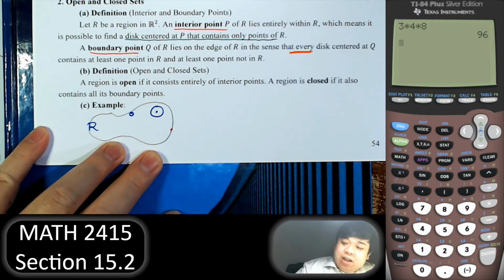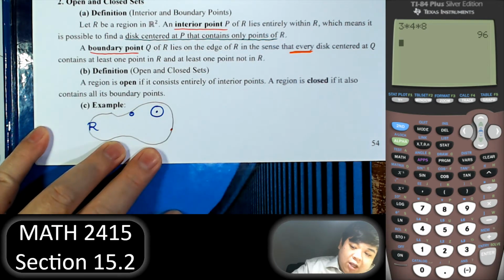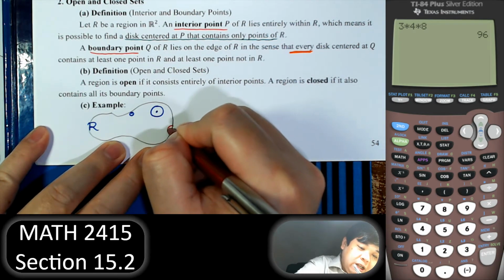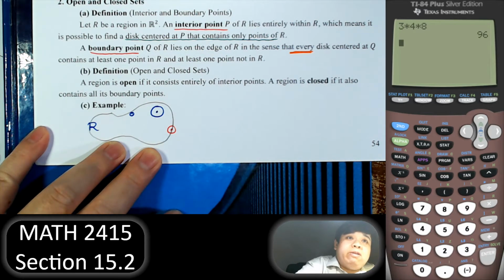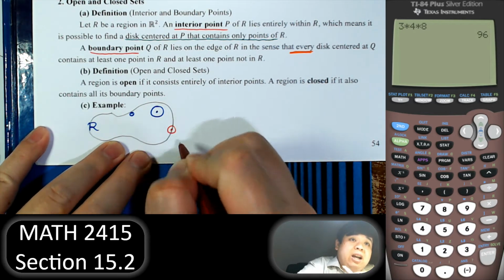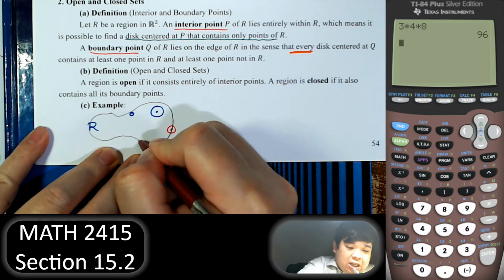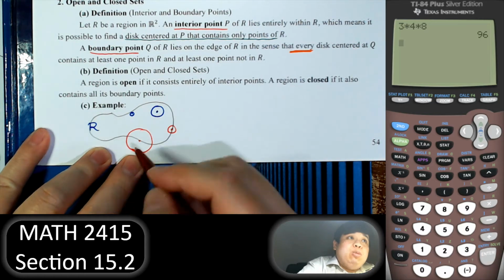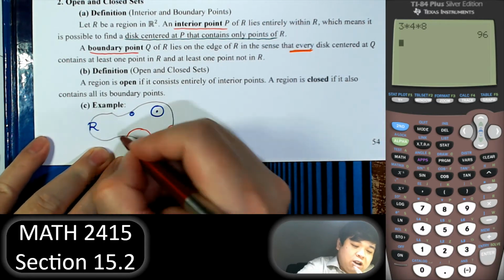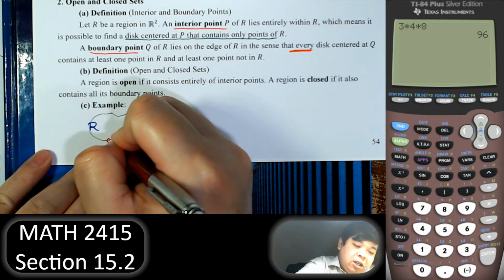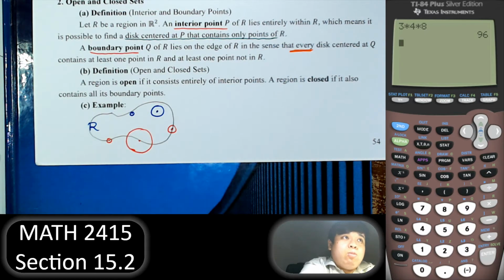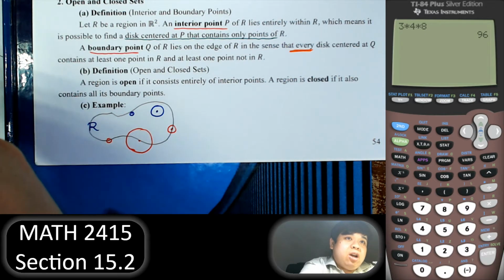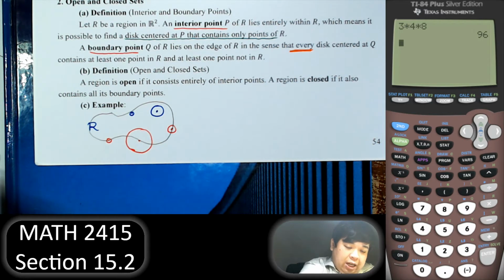So it doesn't matter what radius we choose, how big or small the disk, there will be a point inside and a point outside. We can make a big disk, there will be a point inside and a point outside, or a very small disk. Doesn't matter how big or small the disk, there will be a point on the outside and a point on the inside. So that's why I will call those points boundary points.